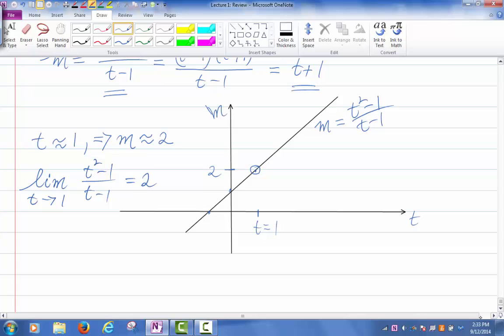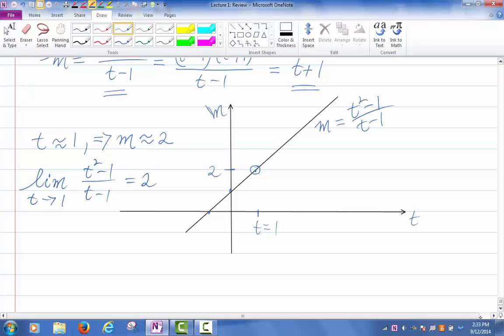However, there is a sort of a problem here with what I'm saying. What I'm saying is that when t is close to 1, so when I say the limit of this function is 2, all I'm saying is that when t is close to 1, the ratio is close to 2, right?